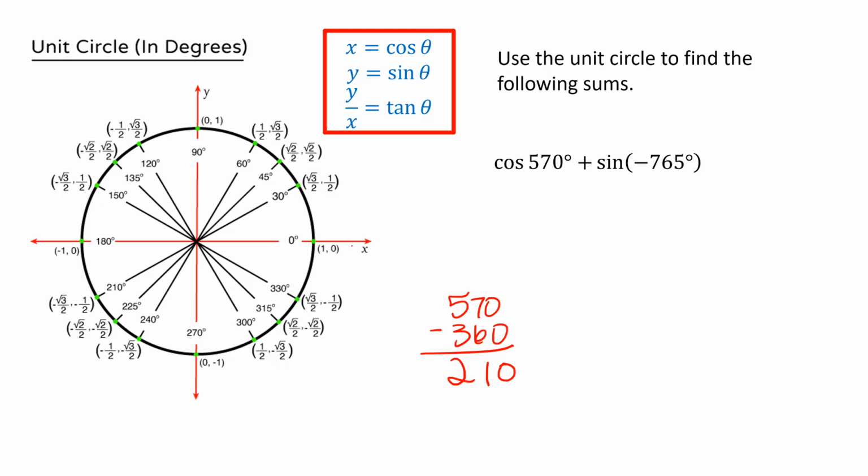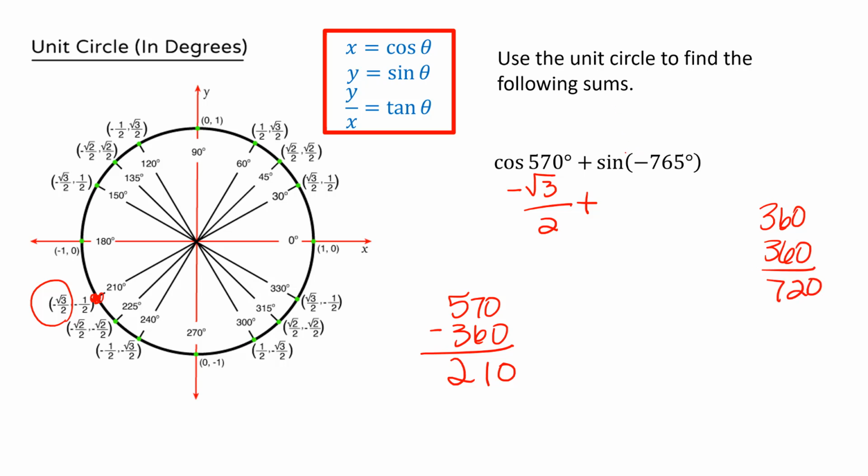So you go all the way around the circle, get back to 0, and now you're going to go another 90, 180, and then another 30 to get you to 210. So it's the cosine, which is the x-coordinate, so negative square root of 3 over 2, plus now sine 765. Now 2 spins around the circle is 720.